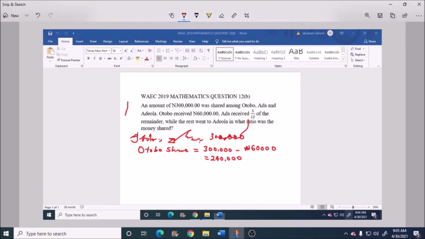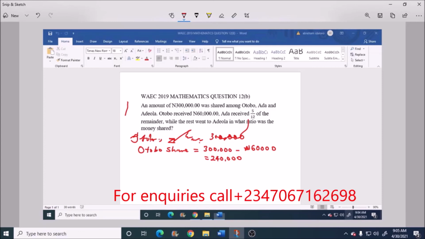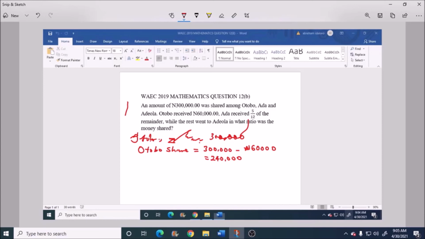Now Ada's share is equal to 5 over 12 times 240,000. This is equal to 100,000.